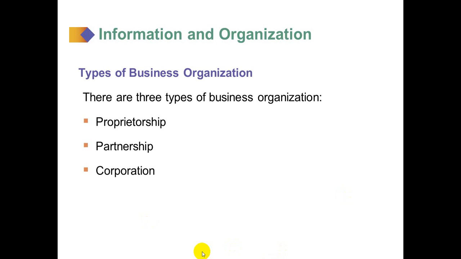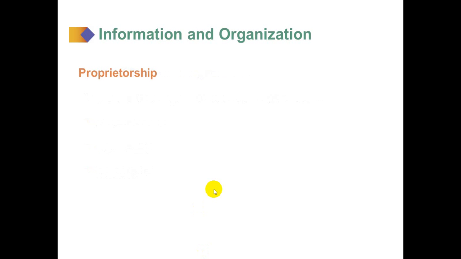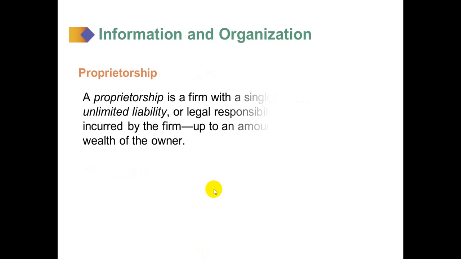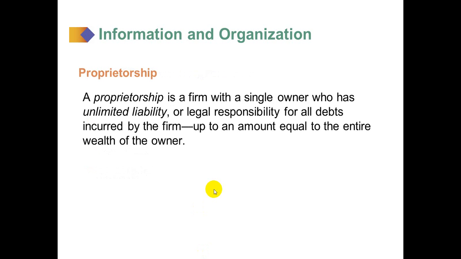Types of business organization. Dear students, there are 3 types of business organization: proprietorship, partnership, and corporation. Proprietorship is a firm with a single owner who has unlimited liability, or legal responsibility for all debts incurred by the firm, up to an amount equal to the entire wealth of the owner.